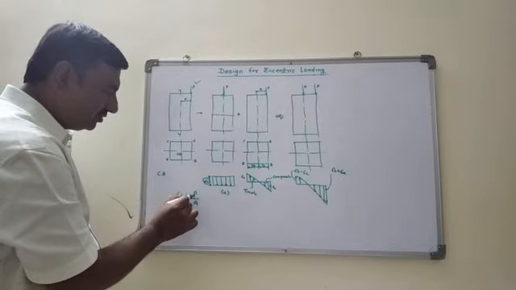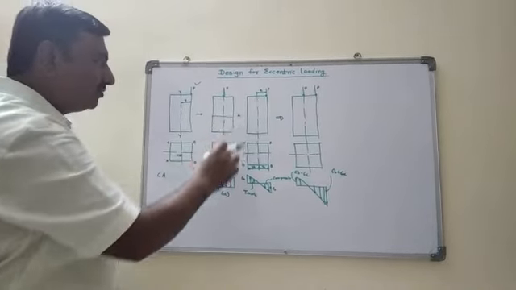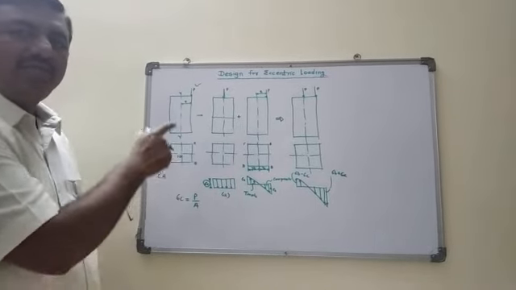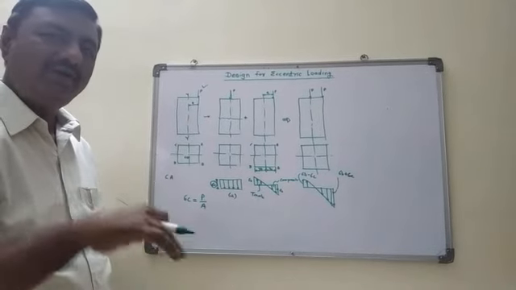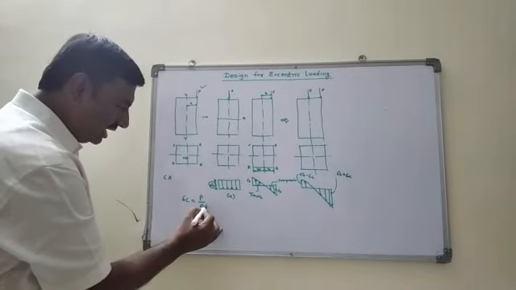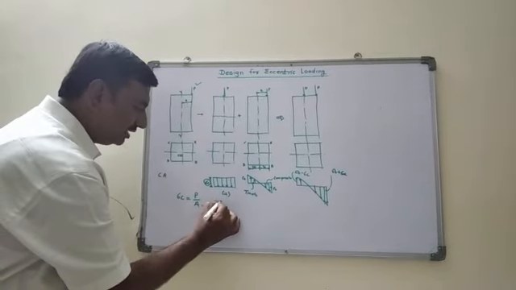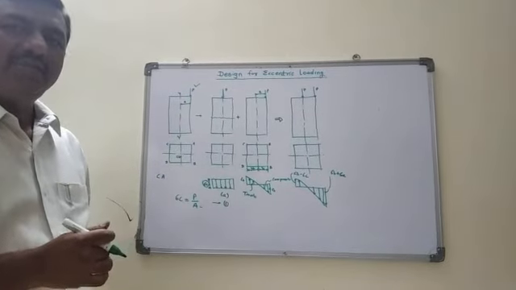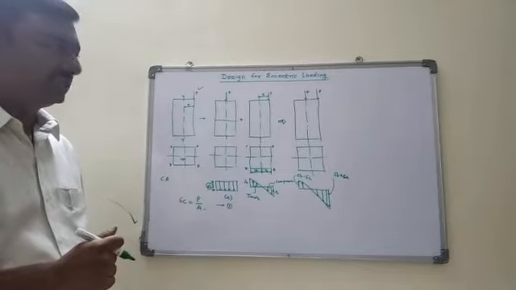Sigma c is equal to P upon A, where P is the magnitude of the compressive force and A is the cross section area of this rectangular strut. It may be circular, it may be another cross section, so that area can be calculated. With this, we can calculate the net compressive stress in a component if the P coincides with the centroidal axis.